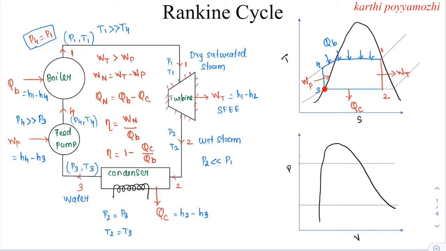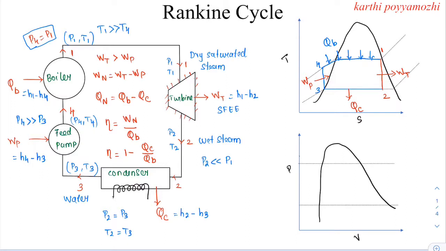And again, from 3 to 4, there is an isentropic compression. Therefore, entropy of the system remains constant from 3 to 4. And again, from 4 to 1, the heat is added at a constant pressure to the boiler. This is the representation of the steam power plant in the TS diagram.